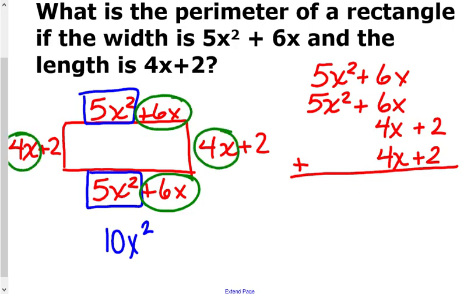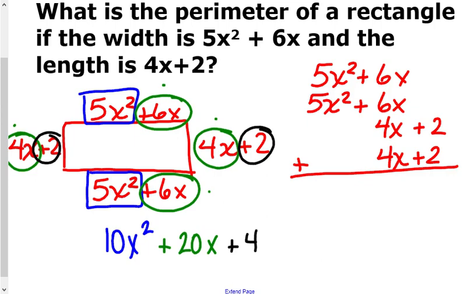So that's going to make 4x plus 6x is 10x, plus 4x is 14x, plus 6x is 20x. So I get 10x squared plus 20x, and then my last terms that are like terms are the plus 2 and the other plus 2, which gives me a plus 4. So my perimeter in this case is 10x squared plus 20x plus 4.